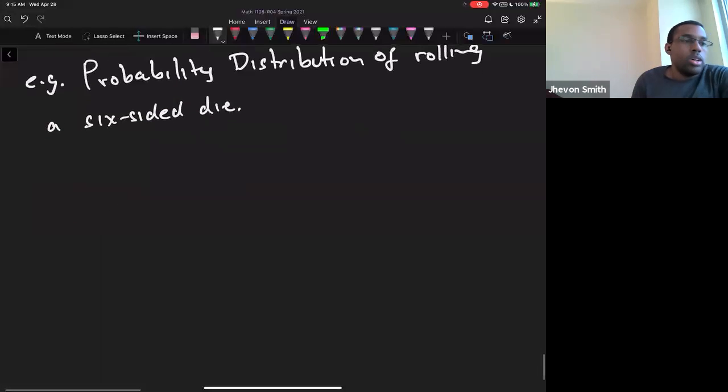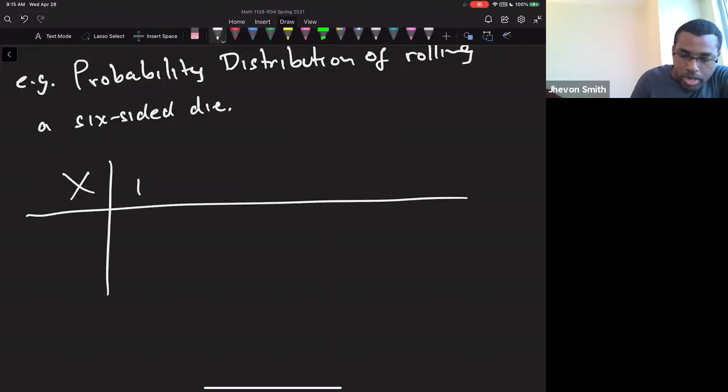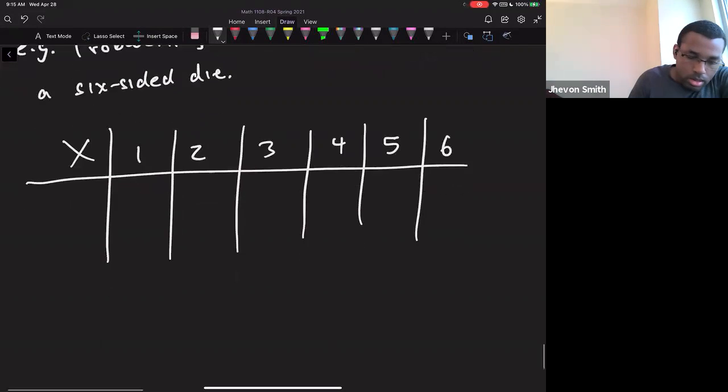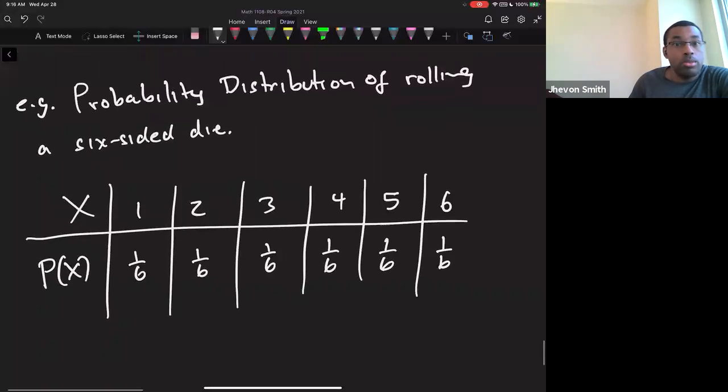If I let x be the output of the 6-sided die, here my x has 6 possible values, could be a 1 or a 2 or a 3 or a 4 or a 5 or a 6. And the probability of each value, well, there's a 1/6 chance for each. That's a probability distribution. So if I ask you, what is the probability distribution of rolling a 6-sided die? That's it.